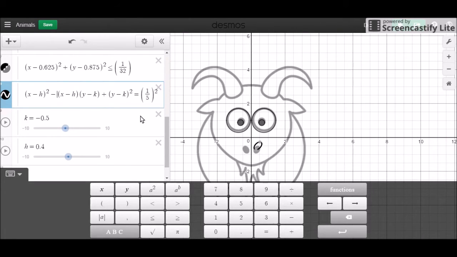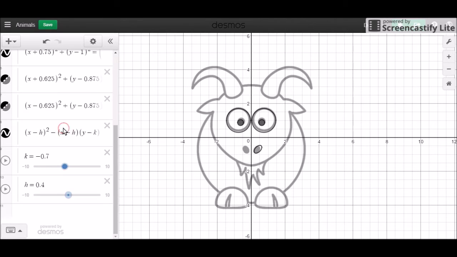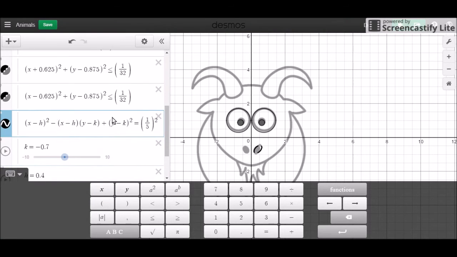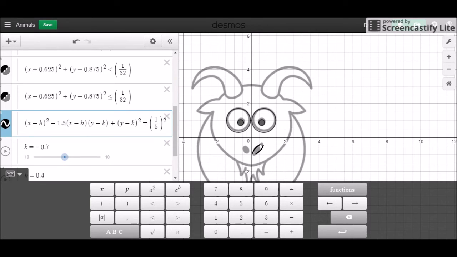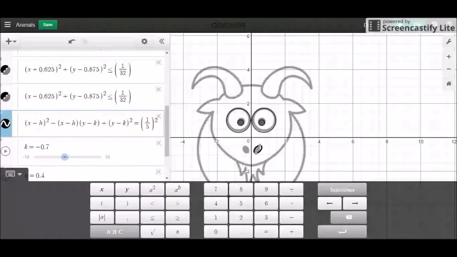All right, so I'm going to play around with the values. So we can shift k down a little bit more. Okay, so k is rounding off to 0.7, and I want to see what happens if we... Okay, that just rotates that.